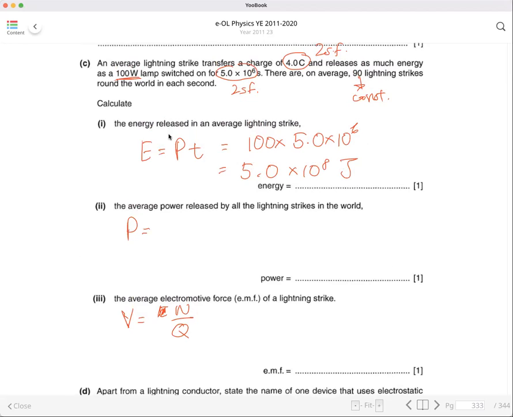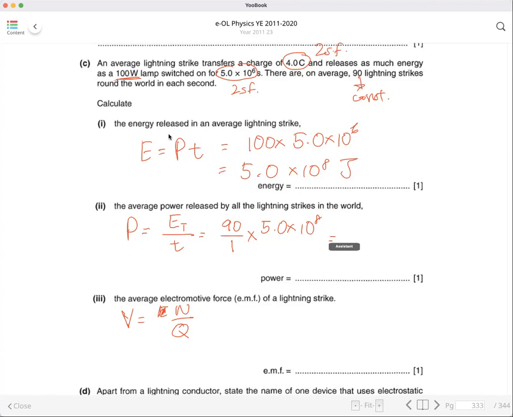Okay, the power will be the total energy over time. In this case, you know that there are 90 lightning every 1 second, multiplied by the 5.0 times 10 to the power 8.